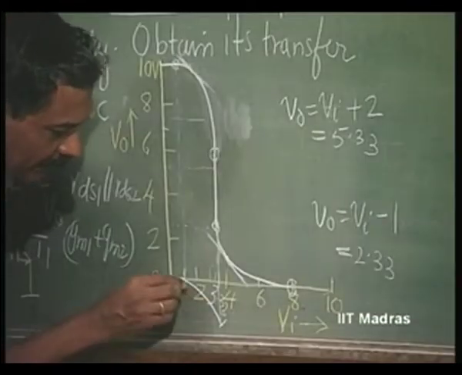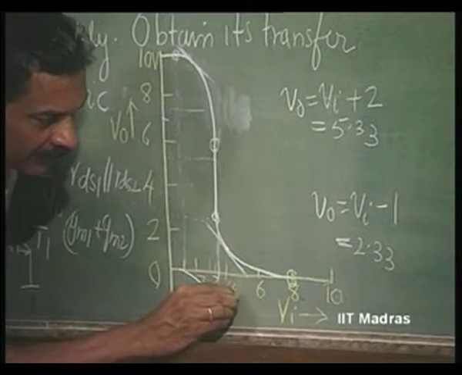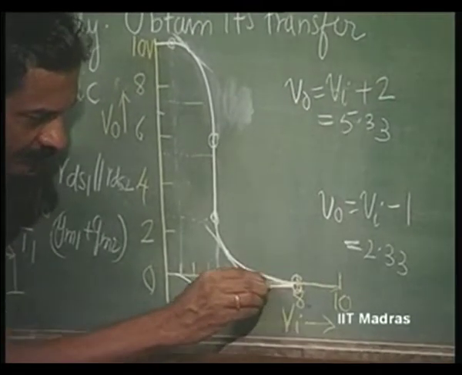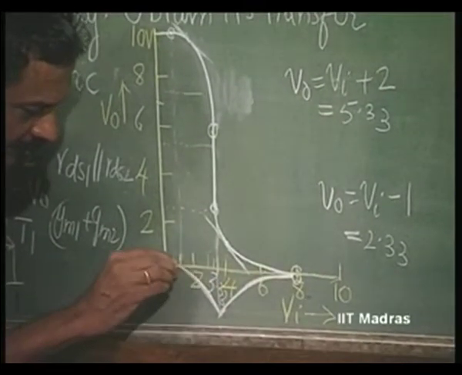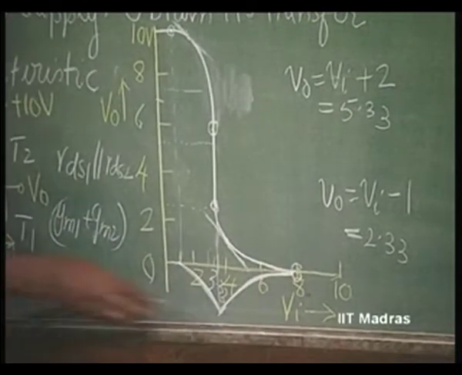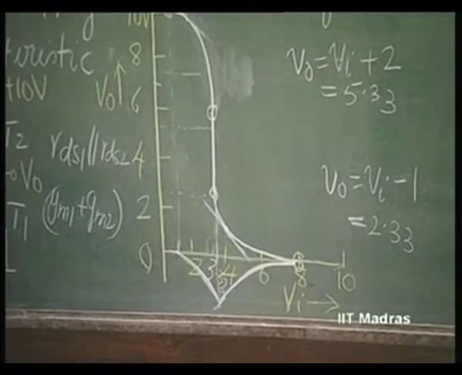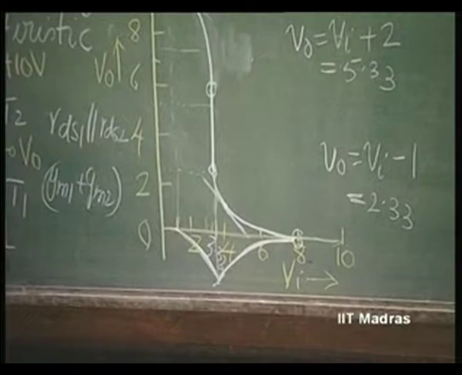Then again it becomes 0 when this transistor goes off, and again it becomes 0 when the other transistor goes to the off state. So this is the nature of the current waveform. This is 22.1 milliampere.